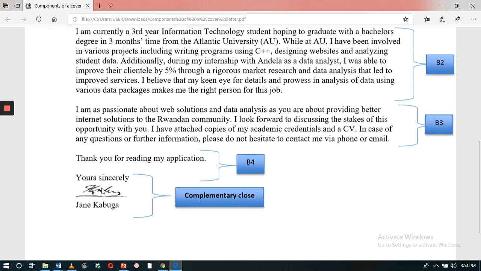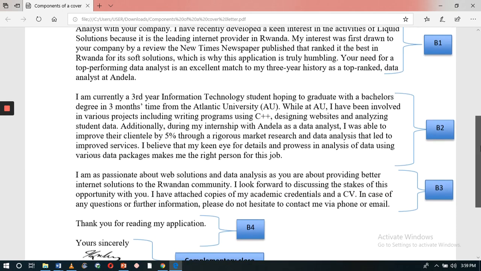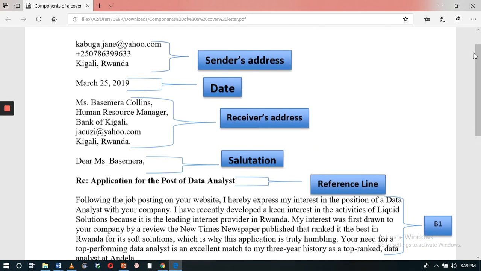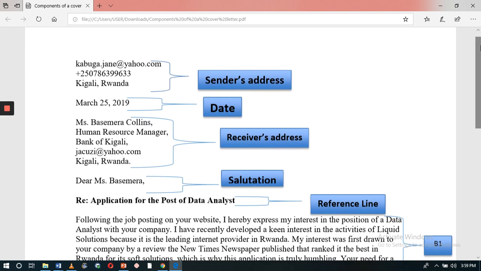Remember, your signature always comes before your name. Your name is the last thing, the signature in between, and then the complementary clause. Please feel free to pause the video at various points to remind yourselves of these components, and you can use this video to help you edit the cover letter that you are submitting this week for this course.